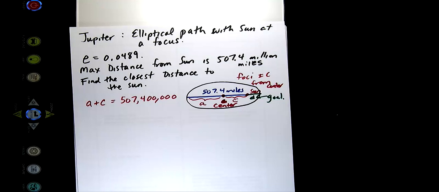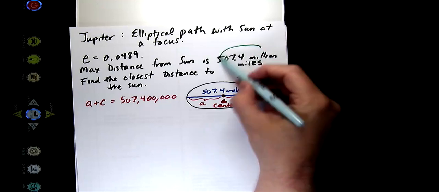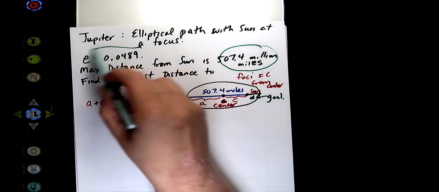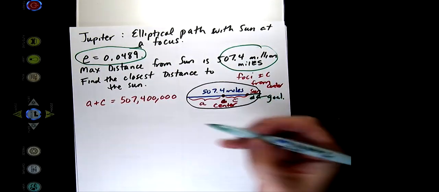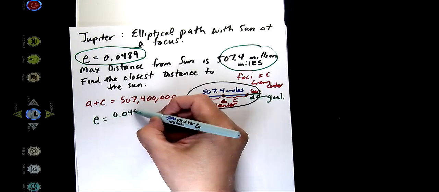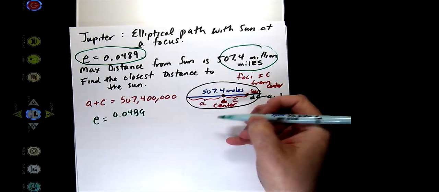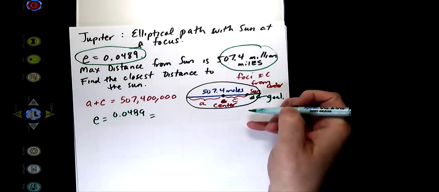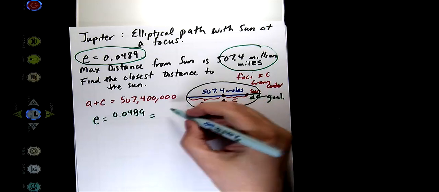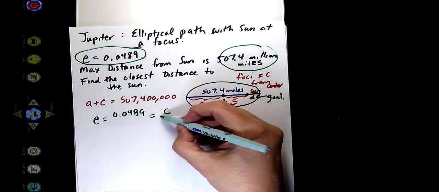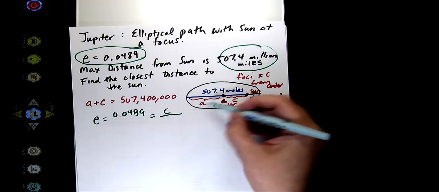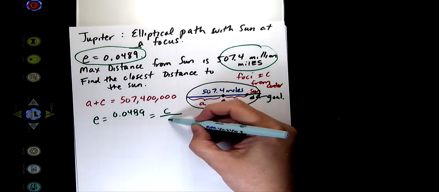That used this piece of information. We have one other piece of information. What can I do with that? What does E equal regularly, equation wise? And here my major axis is 2A, so this is C over A, right?